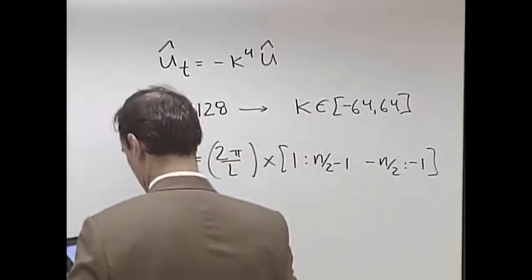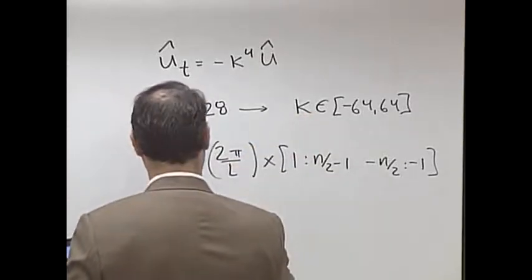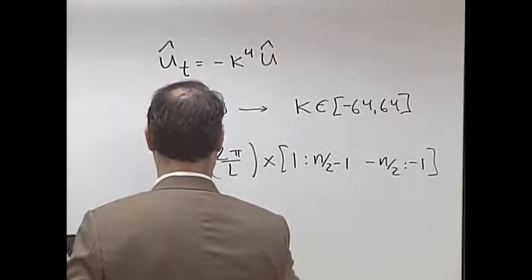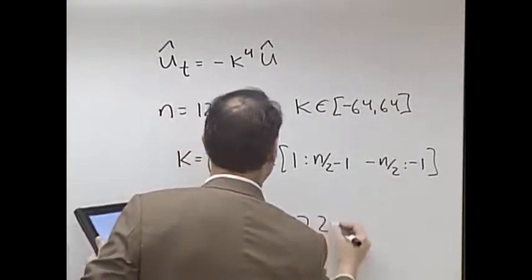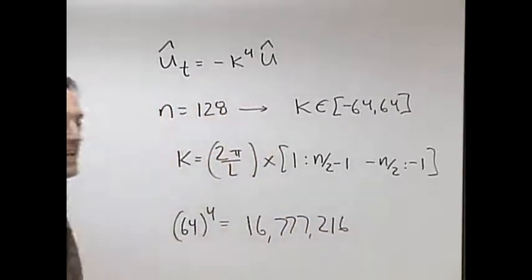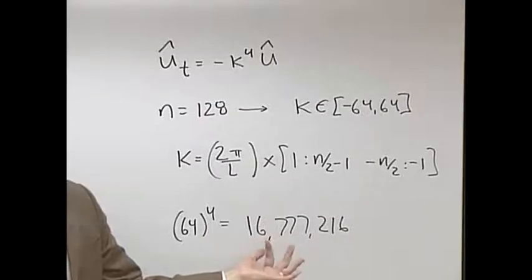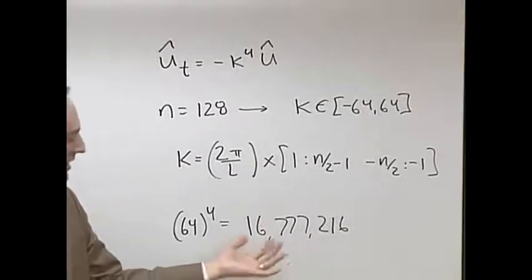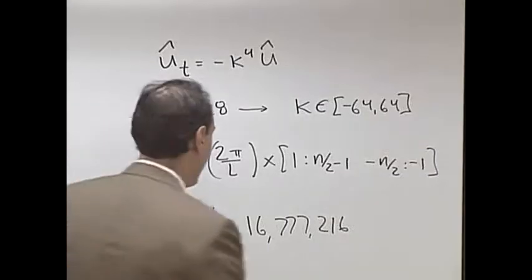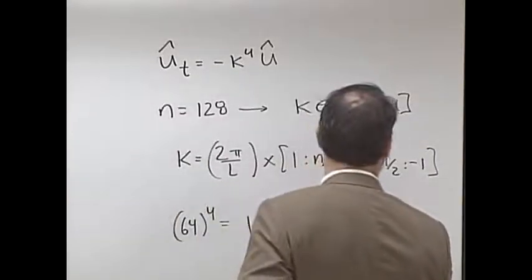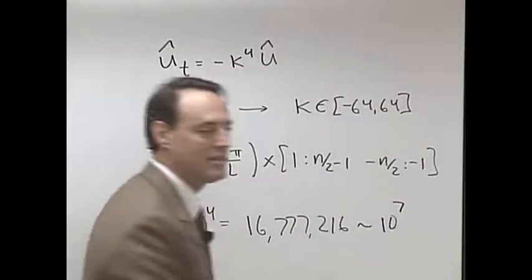So what is 64 to the fourth power? I'm sure some of you worked it out in your head already. It is a number that's fairly big. It's like 10 to the 7.